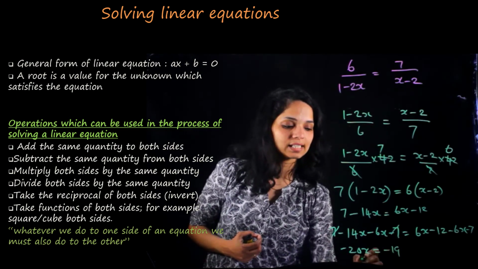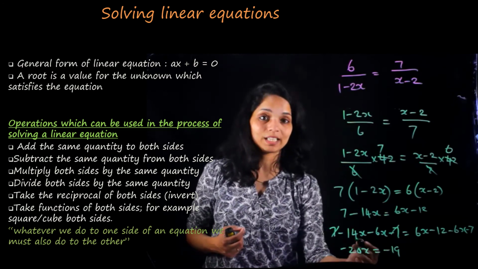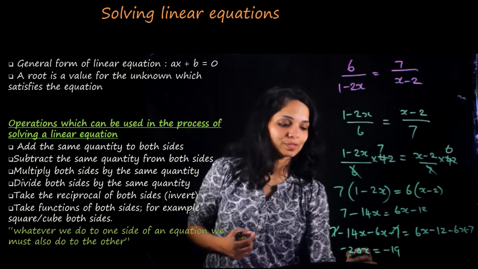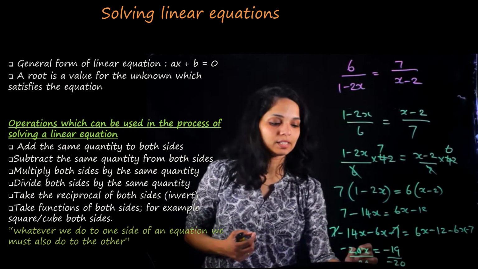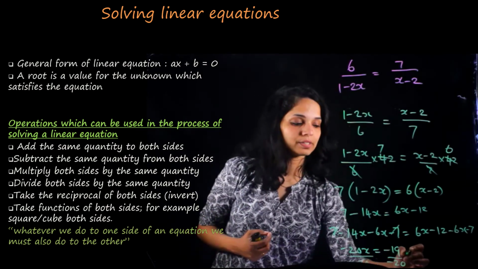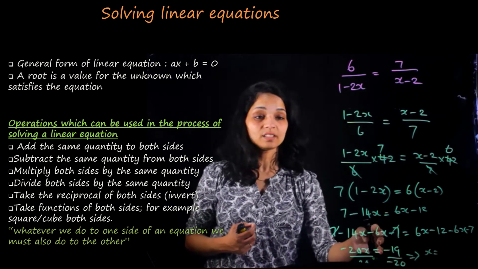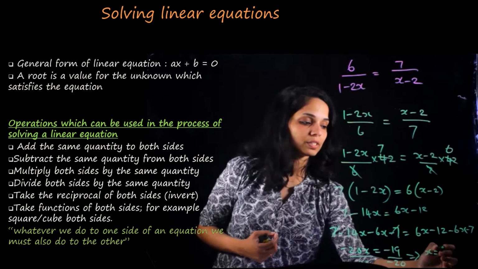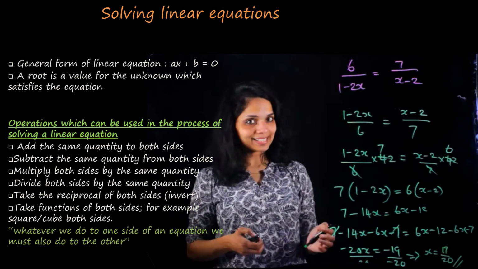So x is now obtained by dividing by minus 20 on both sides. So this divided by minus 20 and this divided by minus 20. So this side equals x, and it equals minus 19 on minus 20. The negative sign goes away. So this is 19 on 20. Okay, so that's the answer for this one.